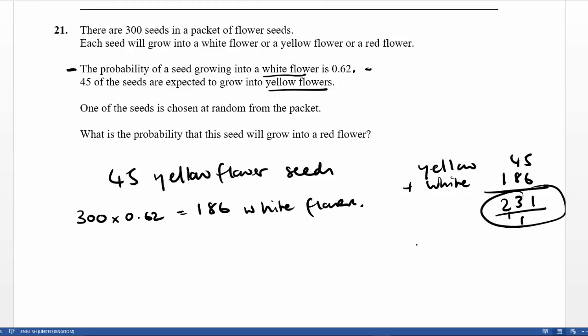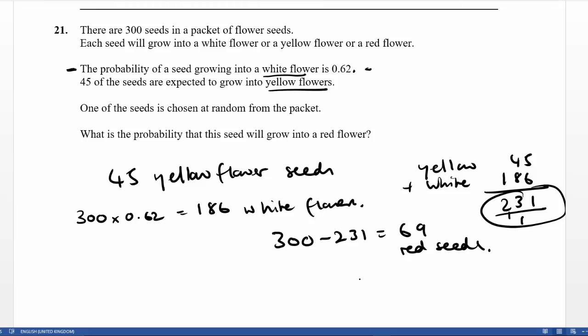So this answer here of 231 seeds, I'm going to subtract it from 300, and that answer is going to tell me how many red seeds are within the 300. So 300 minus 231 is equal to 69 red seeds.